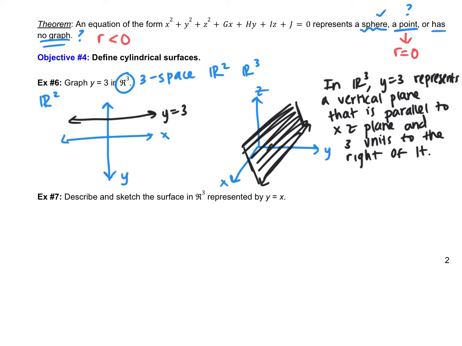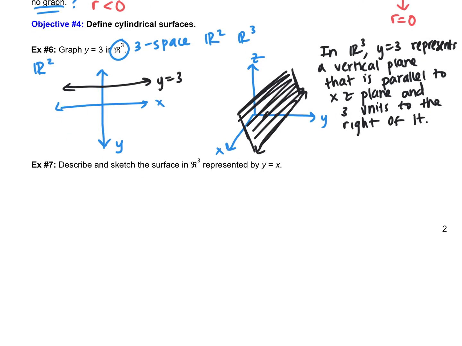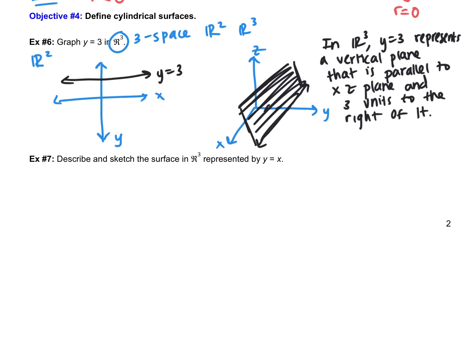Okay, we're going to do one more together, and then I'm going to give you an example to try. So example number 7 is similar. We're going to describe and sketch the surface in 3 space represented by y equals x. It might be helpful to start in 2 space, but if you're ready to just jump right into 3 space, we can.